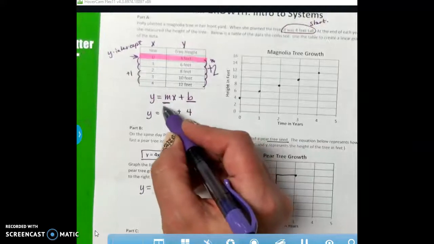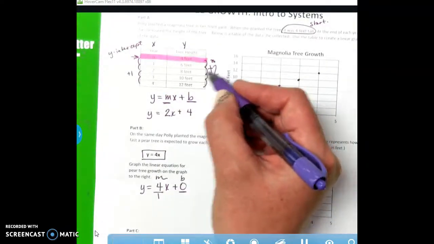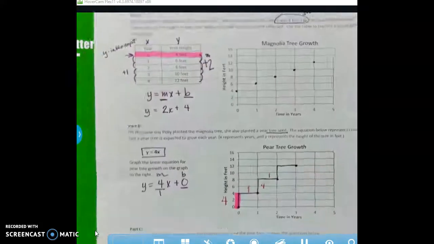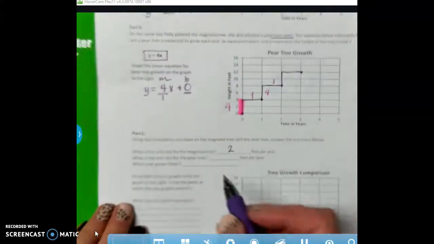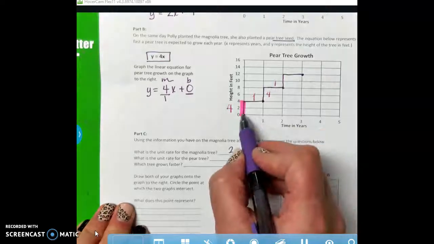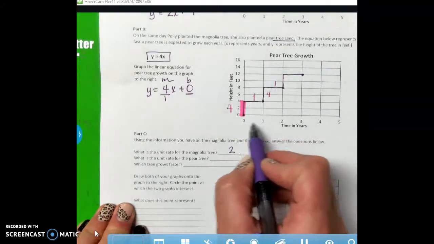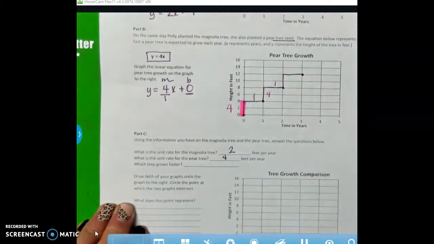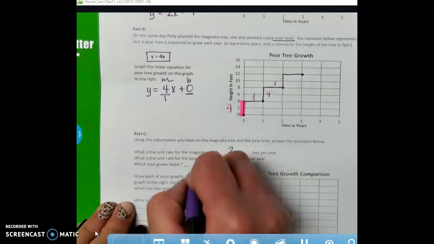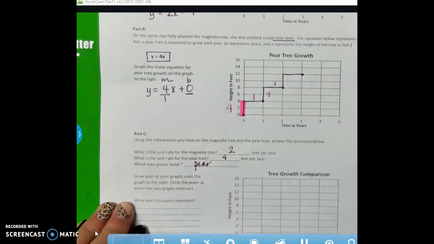How much is it growing per year? 2 feet per year. How much is the pear tree growing per year? 4 feet. Which tree grows faster? Well, what is greater, 4 or 2? 4 indeed. That's our pear tree.